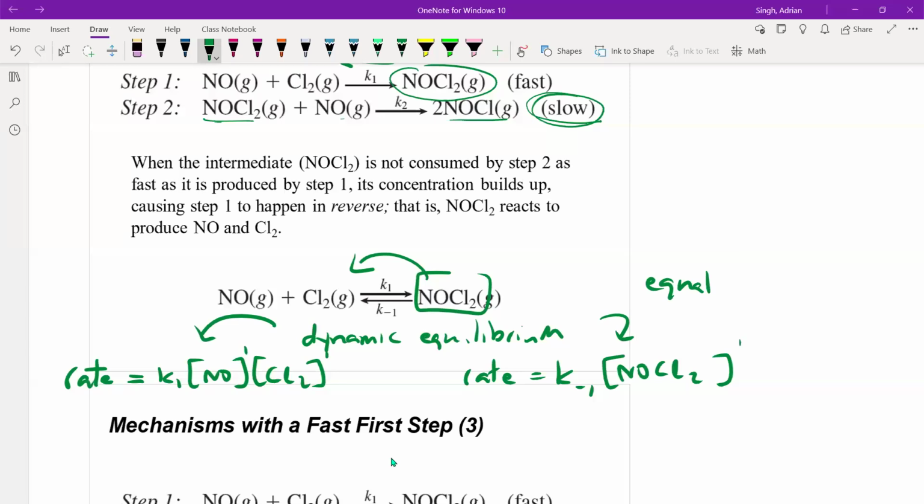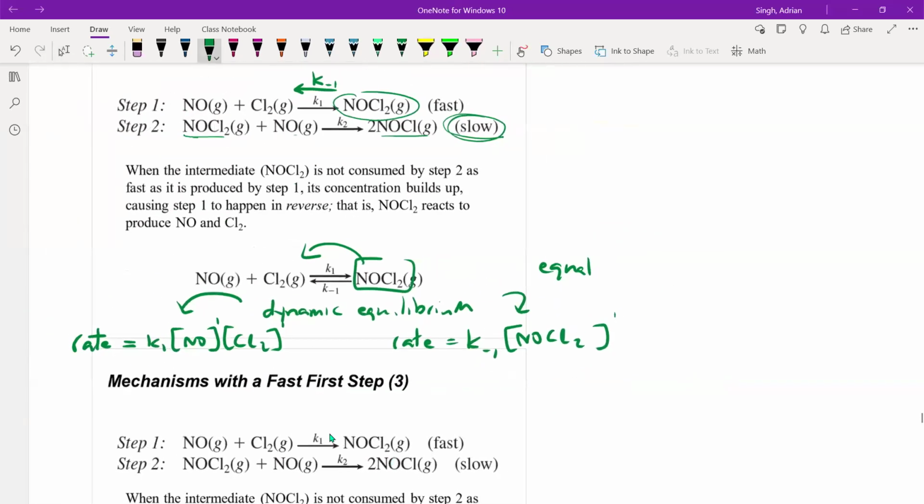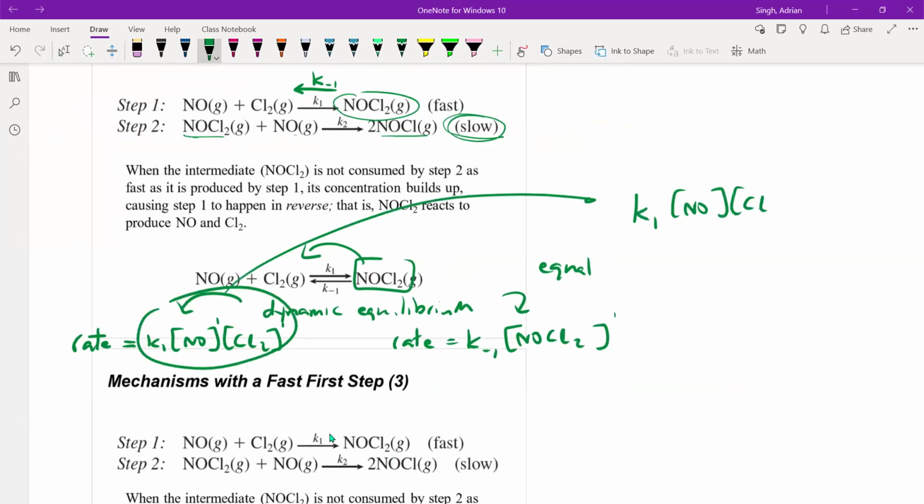So we can set them to be the same because that's what's established. So we can say now that K1 times NO times Cl2 is equal to the rate expression for the reverse reaction, K minus 1 times NOCl2.